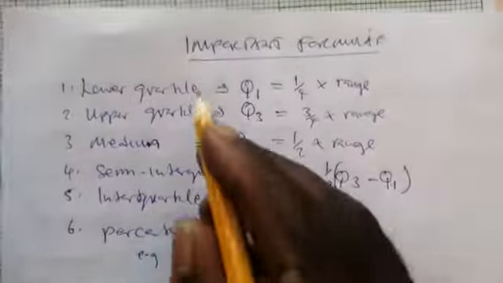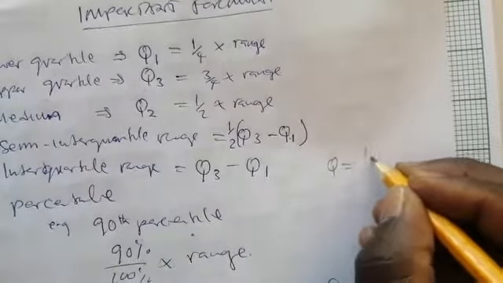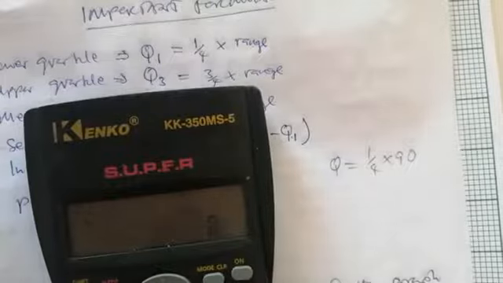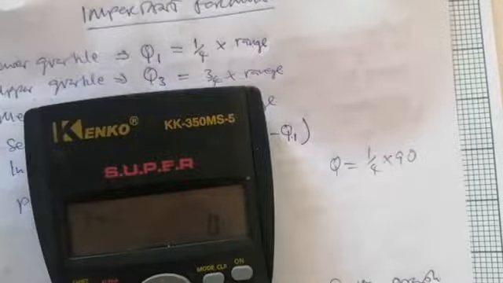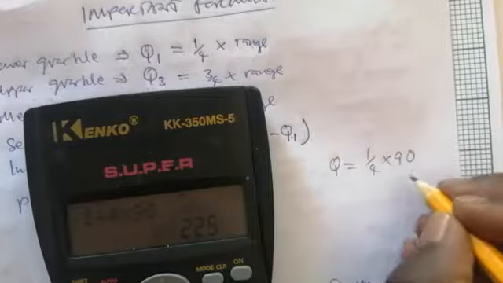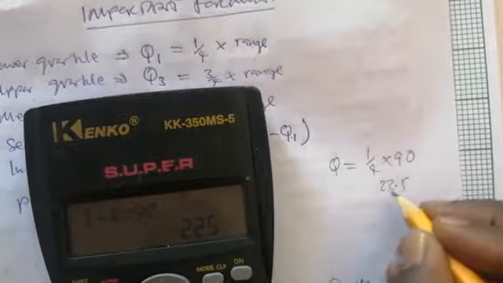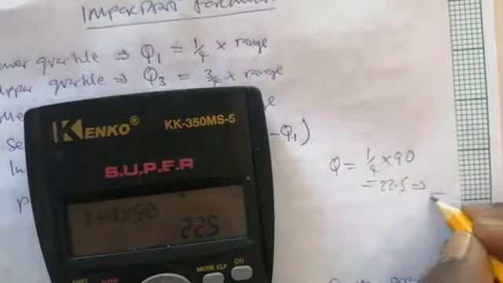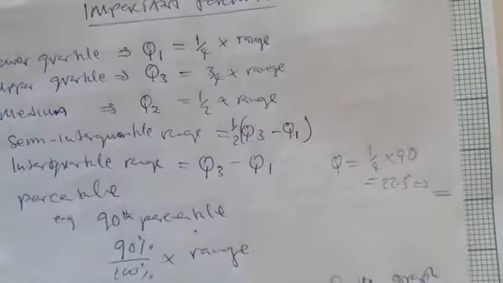So if you are asked to calculate the lower quartile Q1, I will say Q1 is equal to 1 over 4 times 90. That is 1 divided by 4 times 90. It will give me 22.5. This is not your final answer. So go to the graph. You are going to find the final answer from the graph.